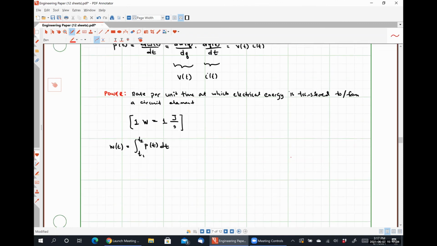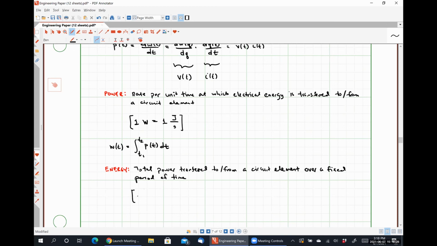And our definition for energy is the total power transferred to or from a circuit element over a fixed period of time, where energy has a fundamental unit of joules, and we're not going to break down a joule into anything else because that is one of our fundamental units for electrical quantities.